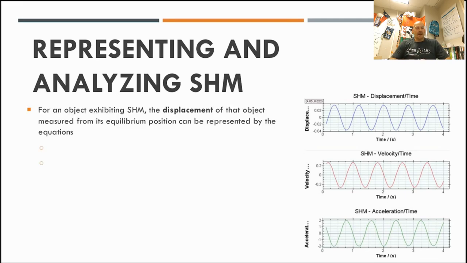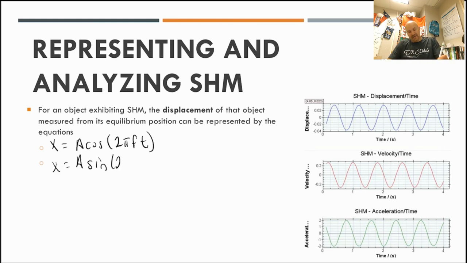For an object exhibiting simple harmonic motion, the displacement of the object measured from its equilibrium position can be represented by one of two equations: x equals A cosine 2 pi f t. Okay, so it's more like x of t, or x of t equals A sine 2 pi f t.